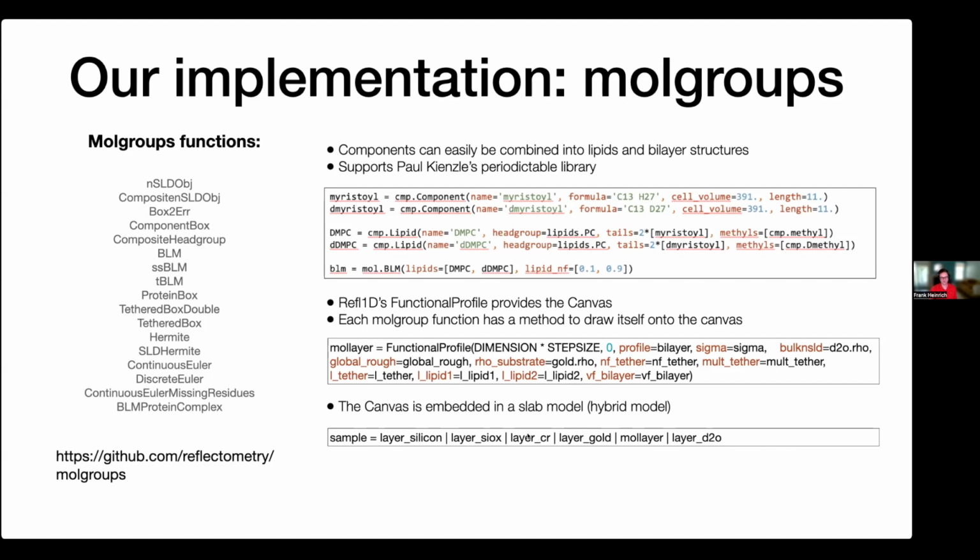In this case, in terms of Refl1D, this canvas is embedded in a stack of otherwise slabs. So this is the hybrid model. You get an idea how you would deal with this on a script basis, straightforward.